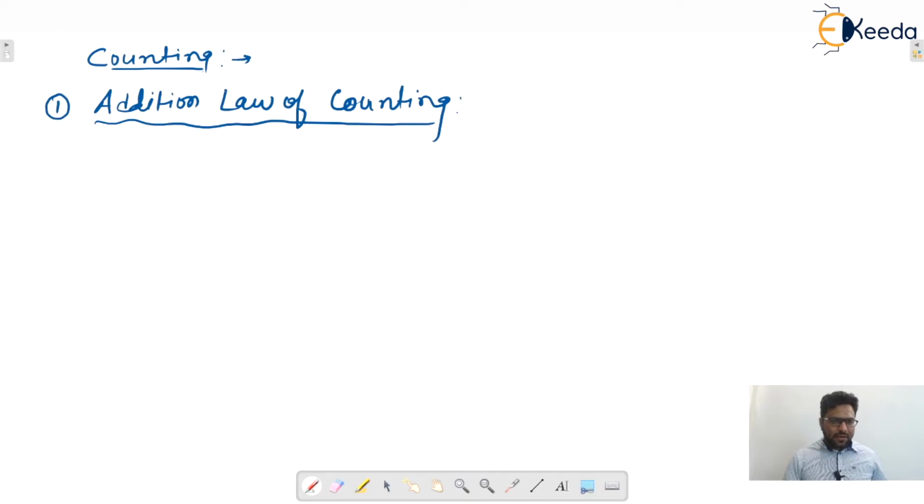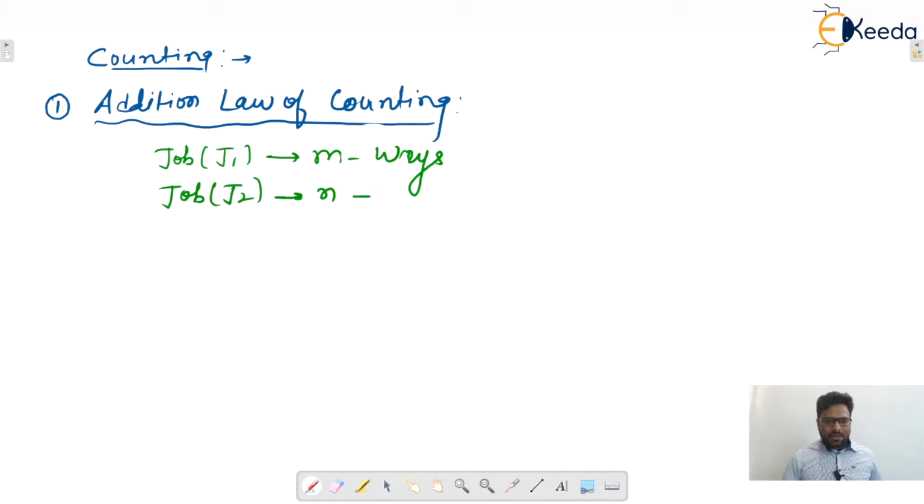So write down, let's say there are two jobs. Job J1 can be done in m number of ways. Consider one more job, job J2, and this can be done in n number of ways.